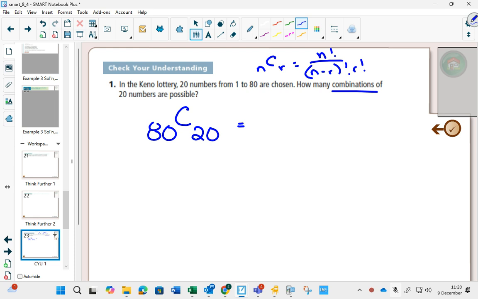But the n, which is this number, is going to be on the top as 80 factorial. The r is going to be on the bottom, and the two numbers on the bottom will always add up to the one on the top. So it's really easy to remember because you're going to have your 80 factorial on the top, 20 factorial on the bottom. You're like, well, what would add up to 80 on the bottom would be 60.